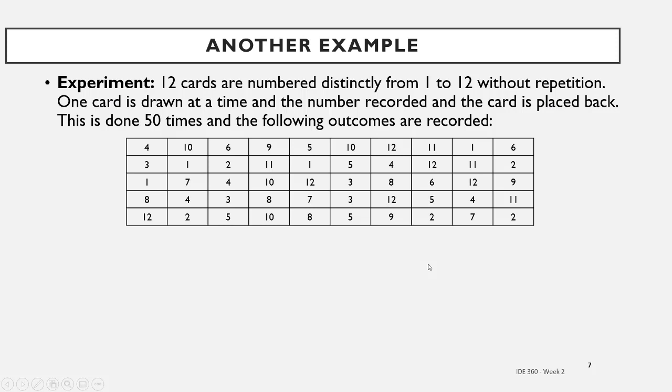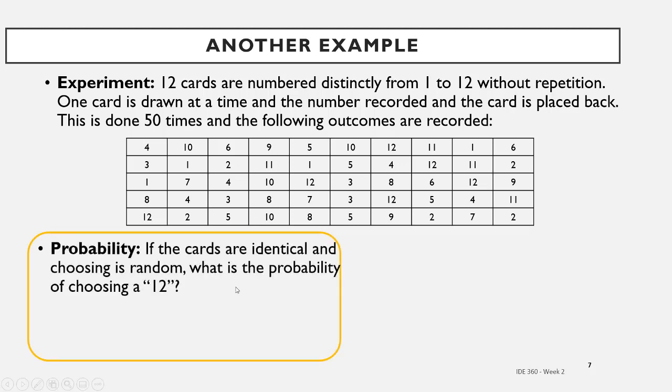We have another example here. Let's say that you have 12 cards that are numbered from 1 to 12 without repetition, and then one card is drawn at a time, and the number is recorded, and the card is placed back. We do this 50 times, and these are the results that we got. So in theory, the probability of choosing a 12 is 1/12, because the results are totally independent.